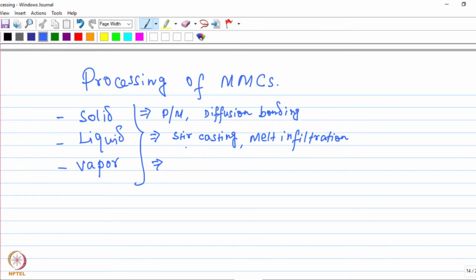And in the vapor state processing, we basically have the vapor deposition processes such as PVD, CVD, etc.